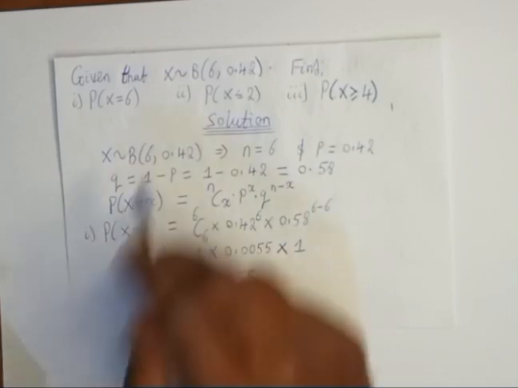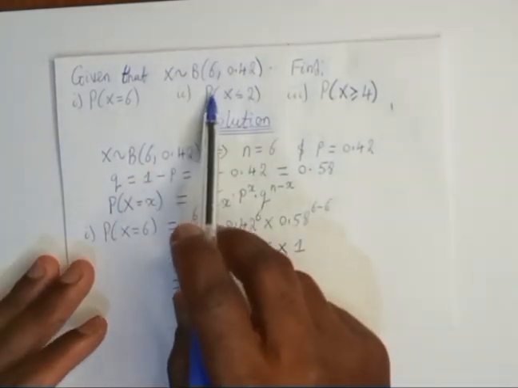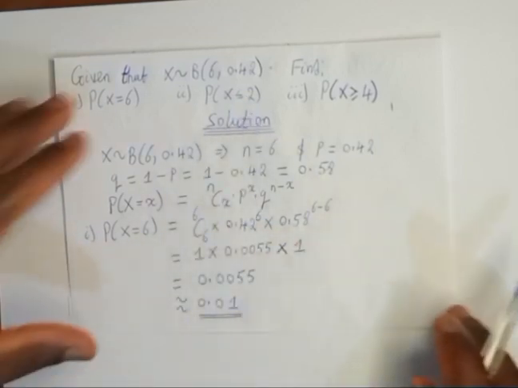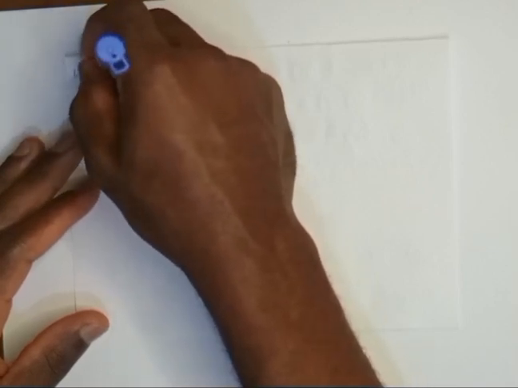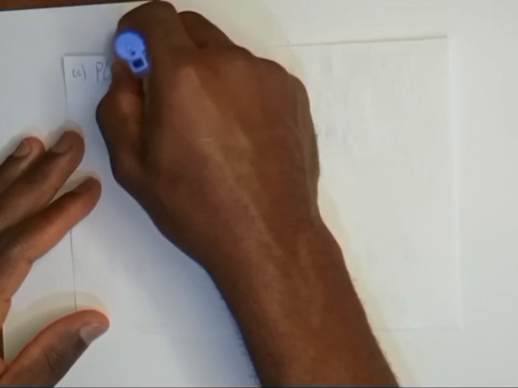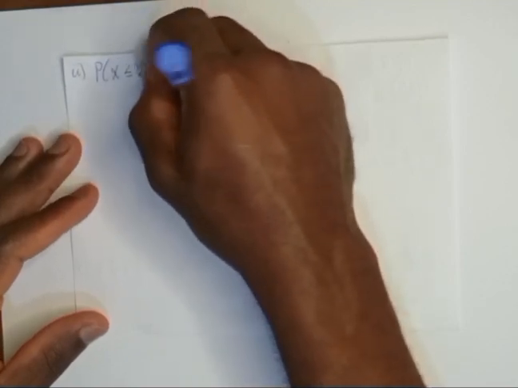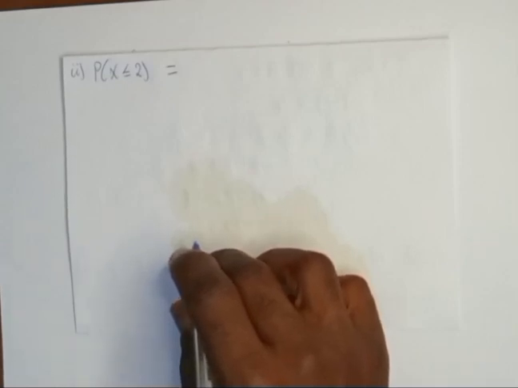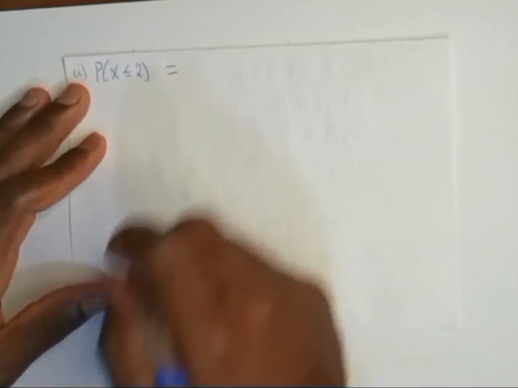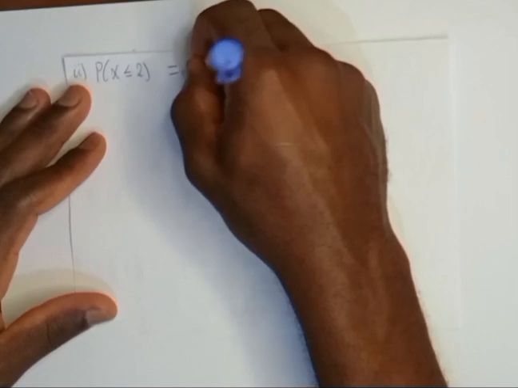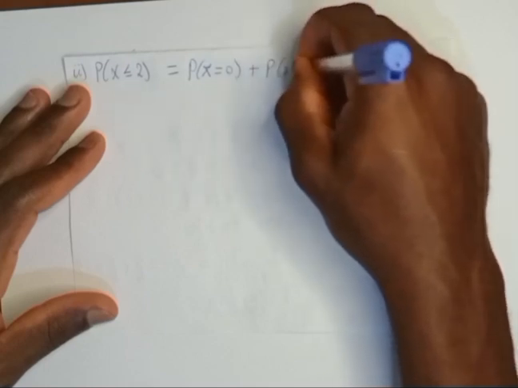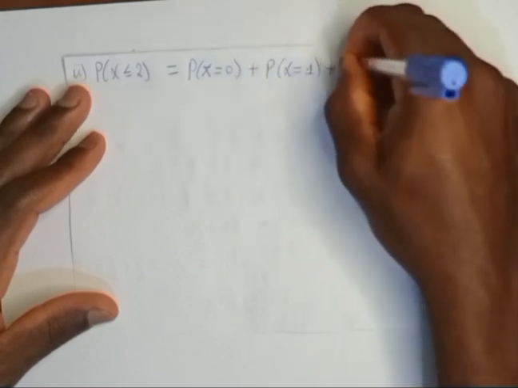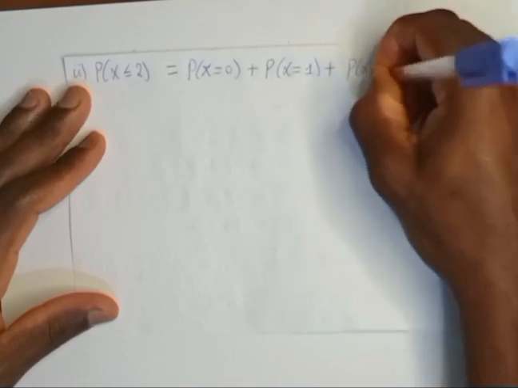We move now to question 2, P(X less than or equal to 2). This will simply be equal to, we are going to take the integer values from 0 right up to 2. P(X = 0) plus P(X = 1) plus P(X = 2).